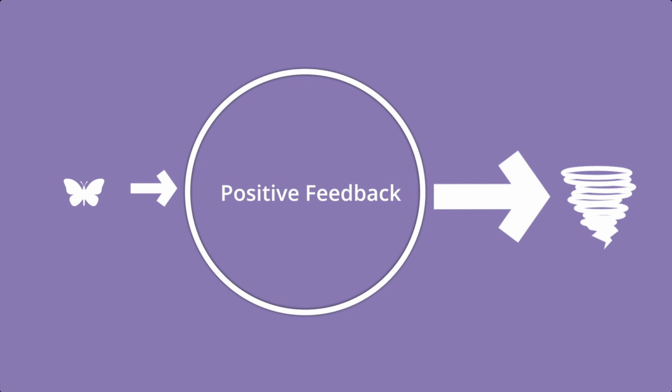It's the idea that a butterfly flaps its wings in Brazil or somewhere, and we get a tornado in another part of the world. And the point is that the butterfly doesn't cause the tornado. The butterfly changes some initial conditions, a very sensitive change to initial conditions that gets amplified by that positive feedback loop.